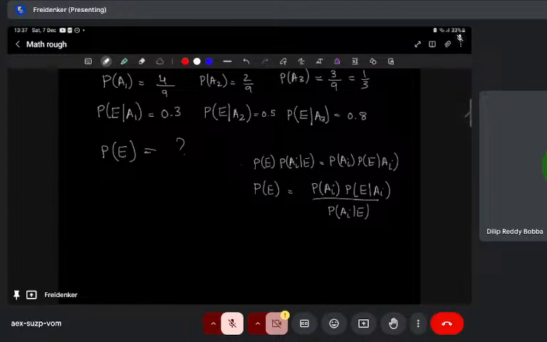Okay, so I have to take the sum then. If I take the sum across all i's, what will happen? Will this relation be valid? It's like I'm deriving Bayes' theorem at this point.